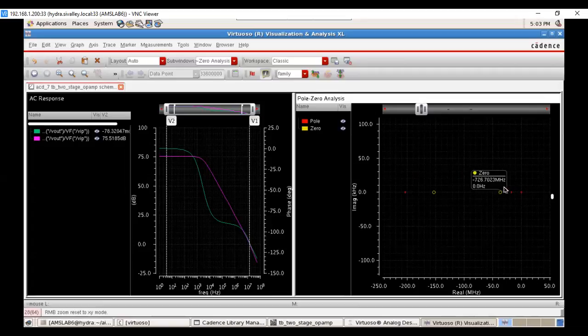So this zero effect will be cancelled out by this particular pole. Similarly, this zero will be cancelled out by this particular pole. You guys should be familiar with analyzing the poles and zeros and cancelling them out. Any questions, guys? Yeah, go ahead.